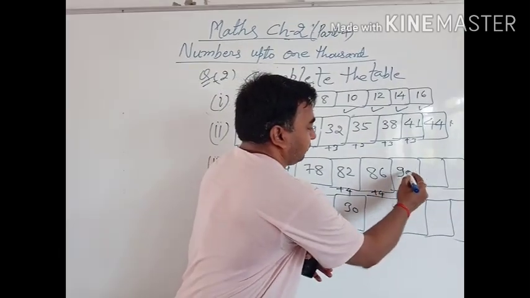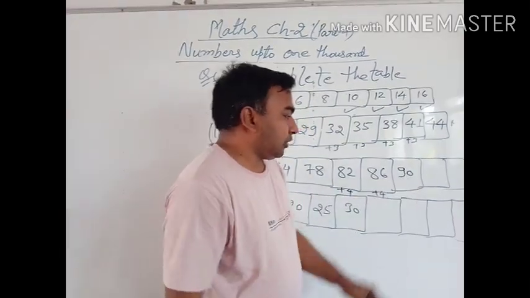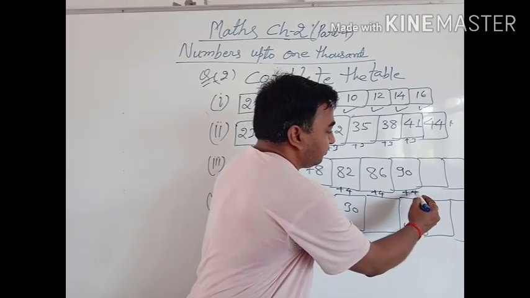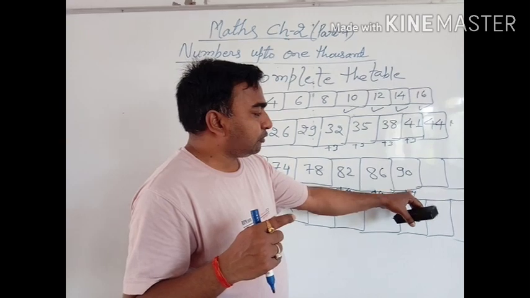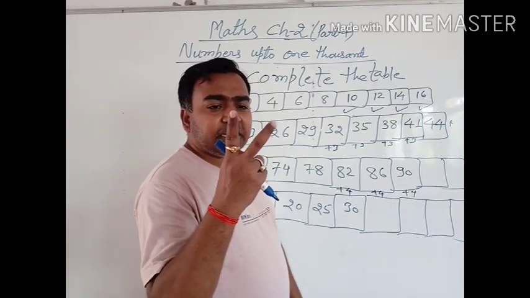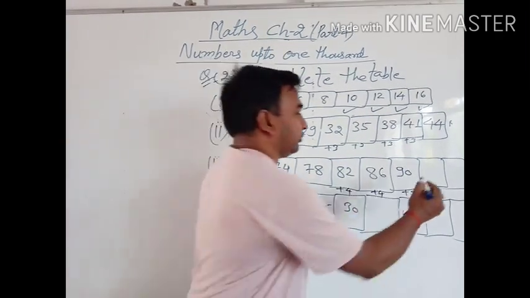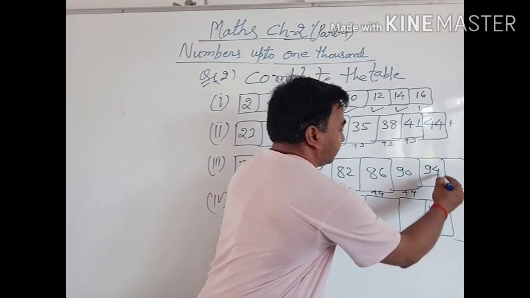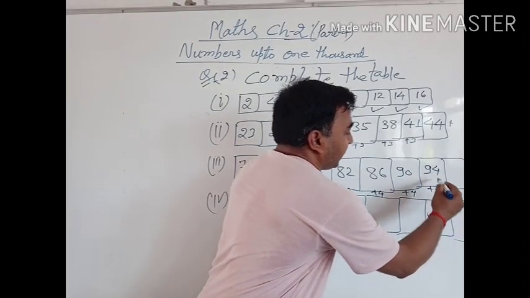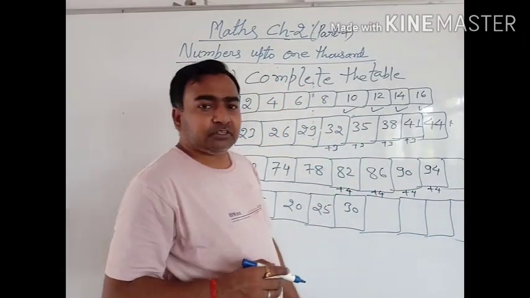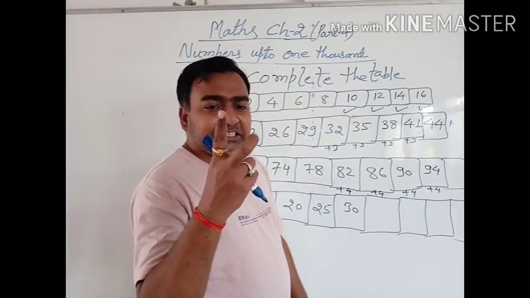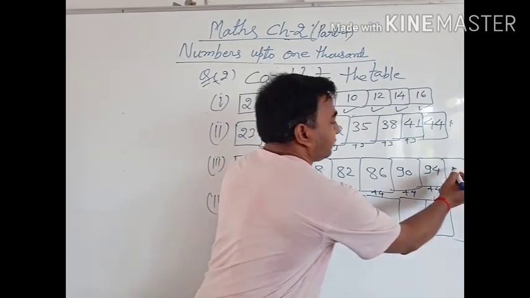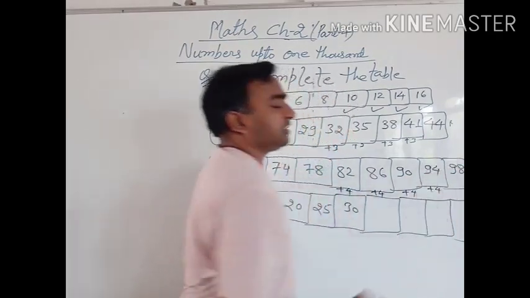After 90, once again we add 4: 91, 92, 93, 94. After 94, when we add 4: 95, 96, 97, 98. This is our answer.